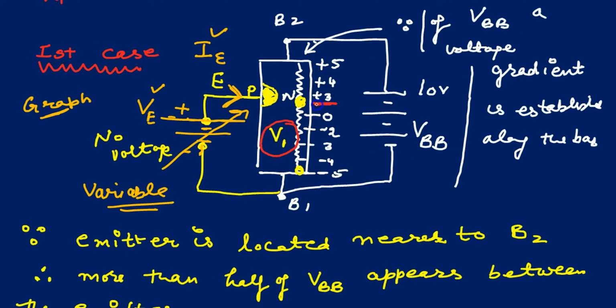So this is V1, reverse biasing, VE forward biasing. When VE exceeds V1, the emitter current starts.